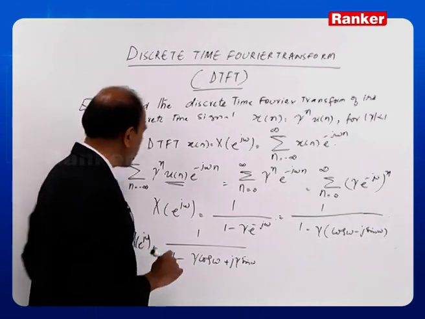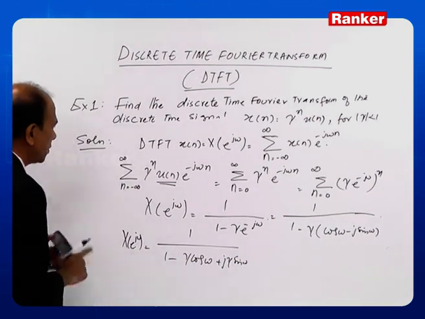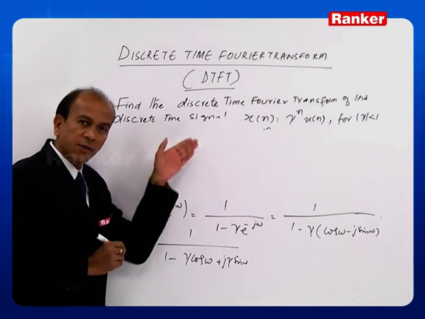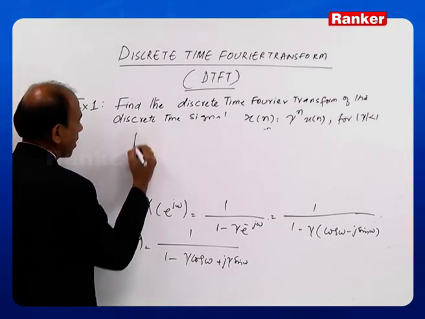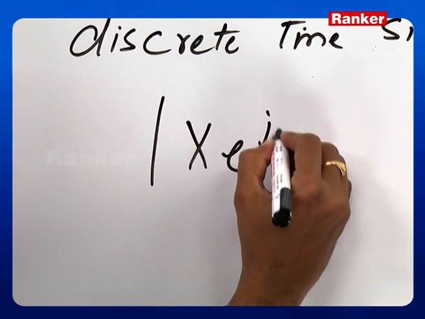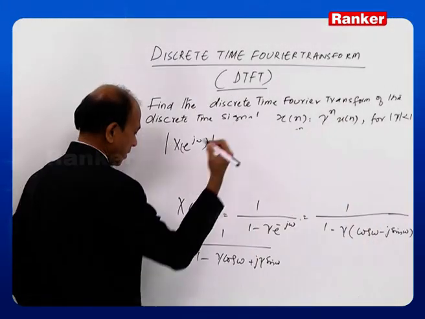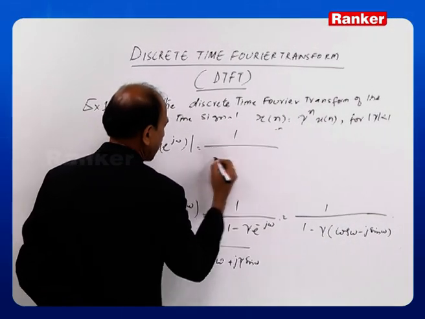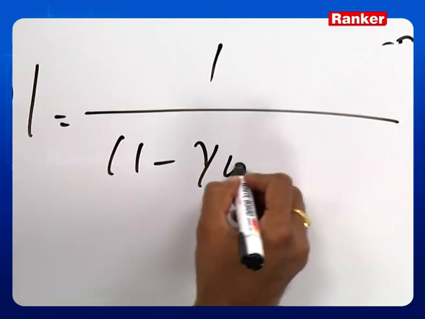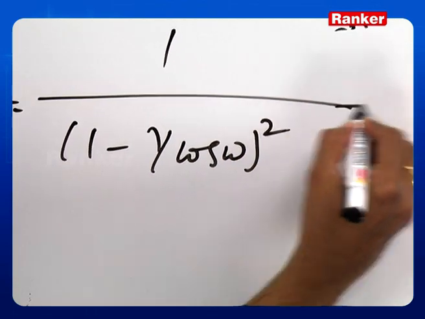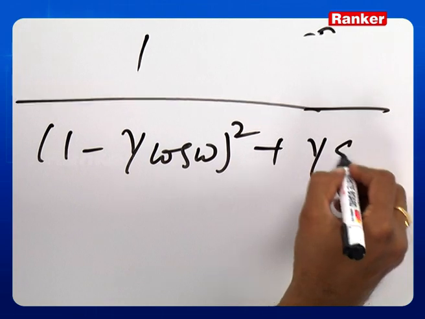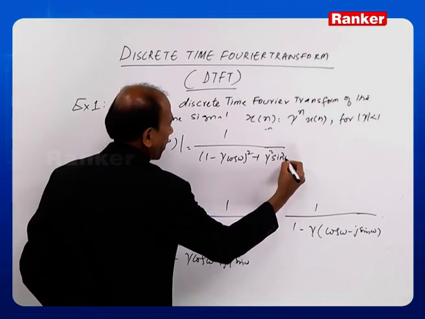So, how do I get the magnitude of this? Let us do it here. The magnitude of this is given by 1 by the square root of 1 minus gamma cos omega whole square plus gamma square sin square omega.